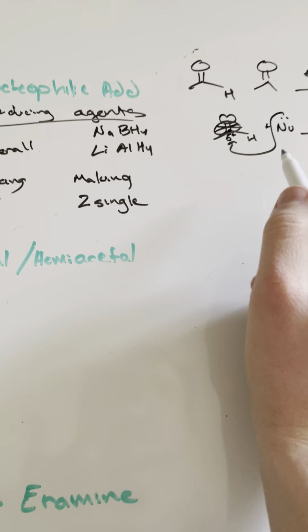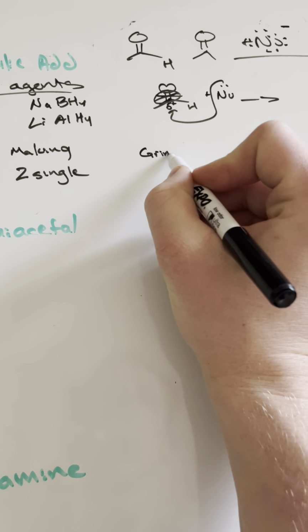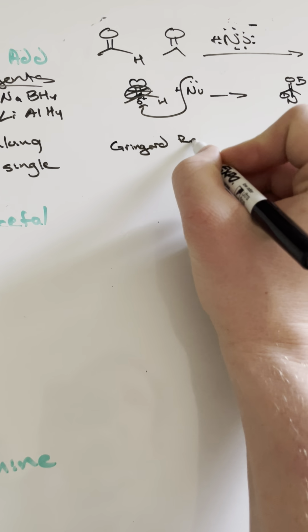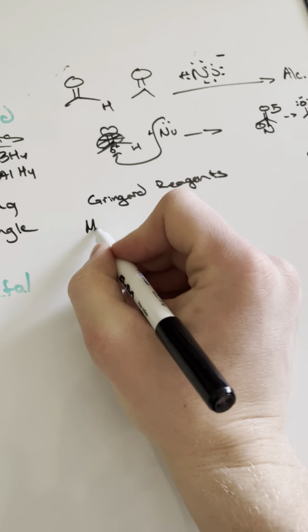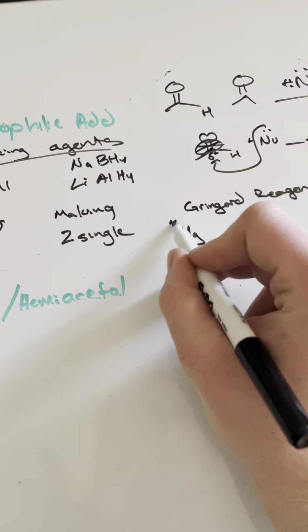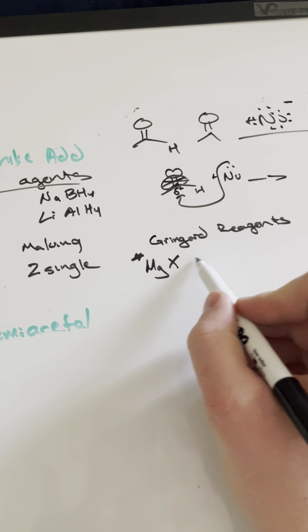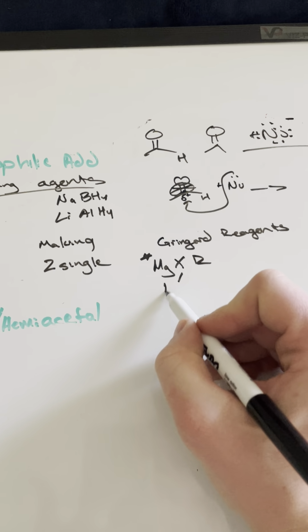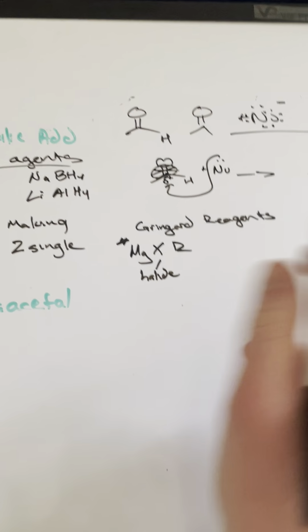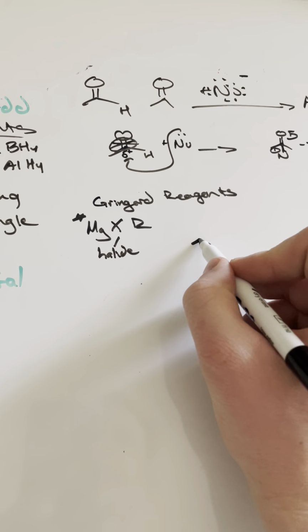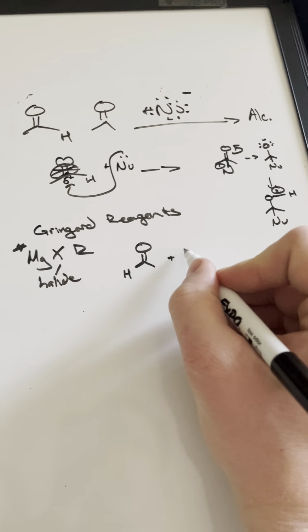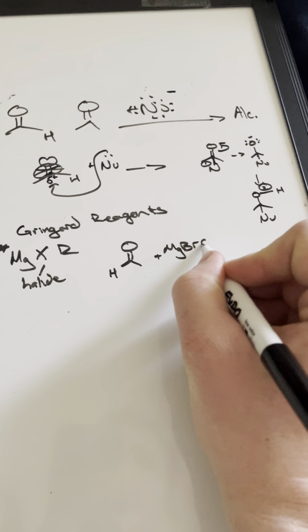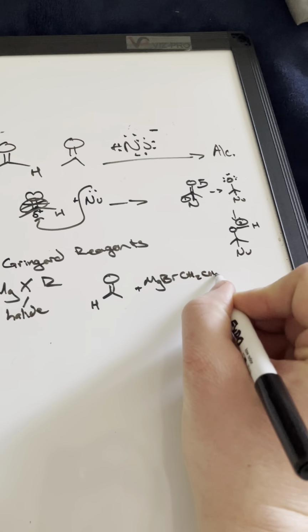And then Grignard reagents are going to be a version of this nucleophilic addition, but it's going to have Mg. It's going to have a halide and then an R group. So just for an example, we're going to have this guy, and we'll do it as an aldehyde this time, plus Mg, let's just go BrCH2CH3.